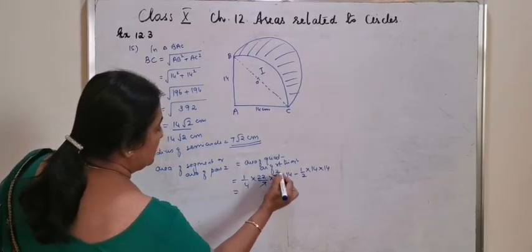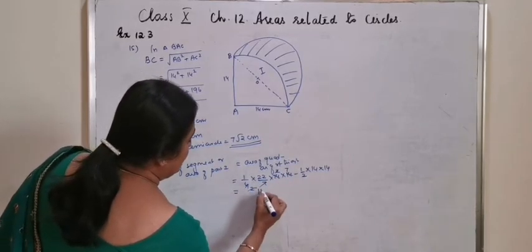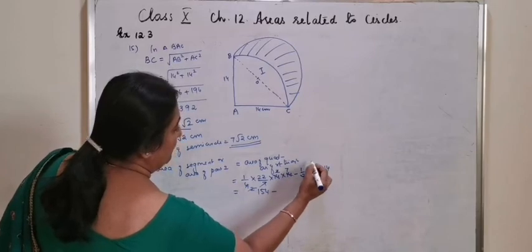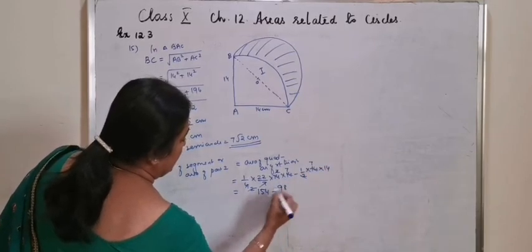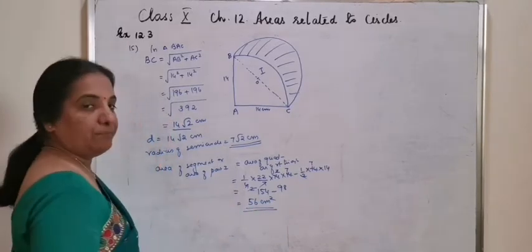Which is 7 2s are 14, 22 into 7, 154 minus 98, or 56 centimeter square.